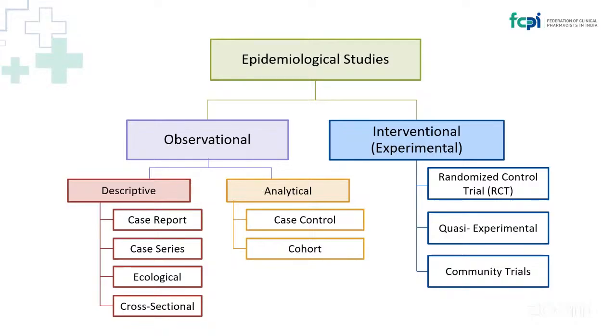Here two groups of patients will be formed. One group will be the interventional group and the other will be the control group. The interventional group is the group where the investigational drug is given, and the control group is the group where the placebo medicine will be given.